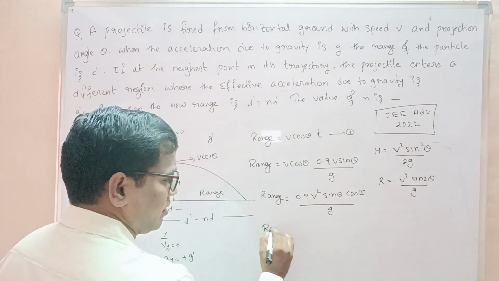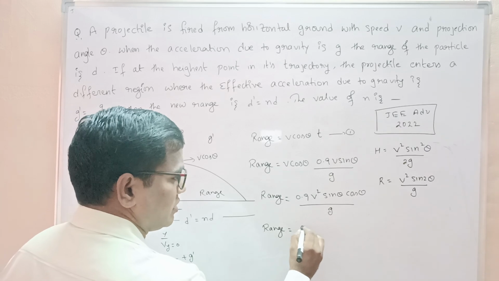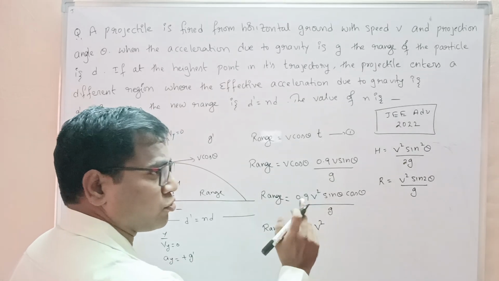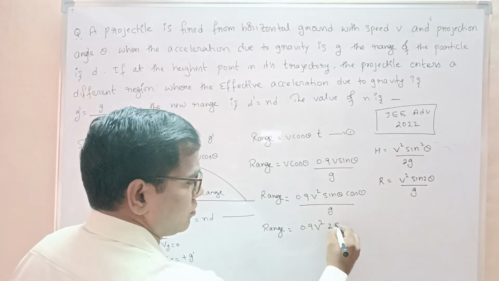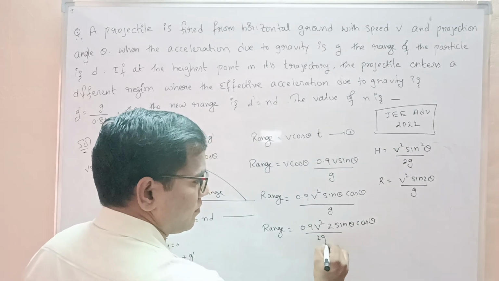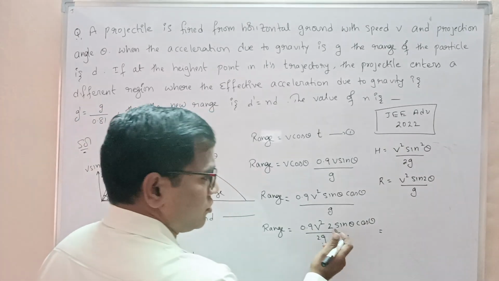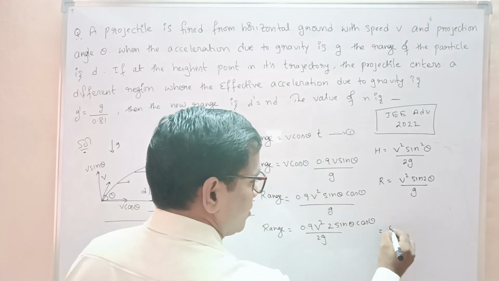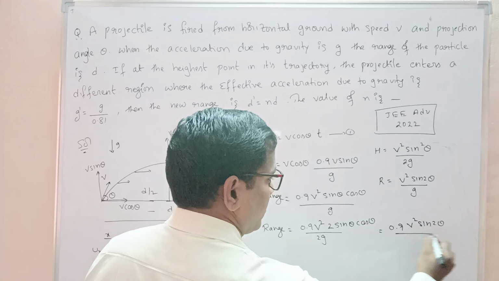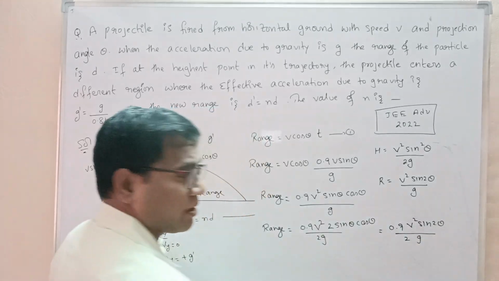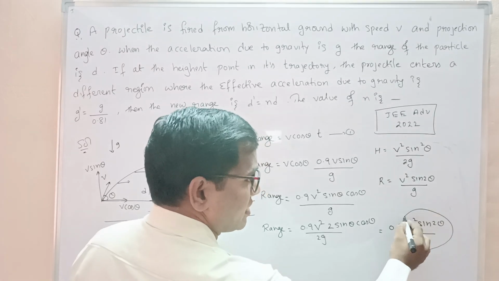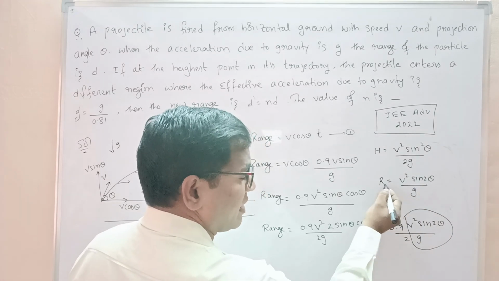I will write sin theta cos theta as 2 sin theta cos theta by 2g. We know 2 sin theta cos theta is sin 2 theta, so 0.9 v square sin 2 theta by 2g. Just see this expression, v square sin 2 theta by g is nothing but the range.